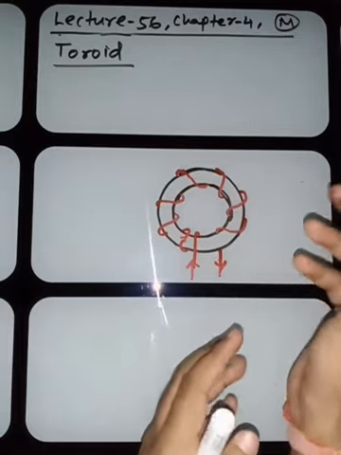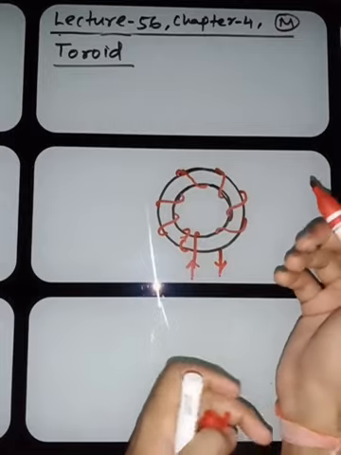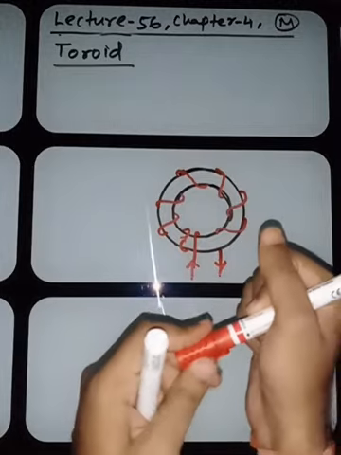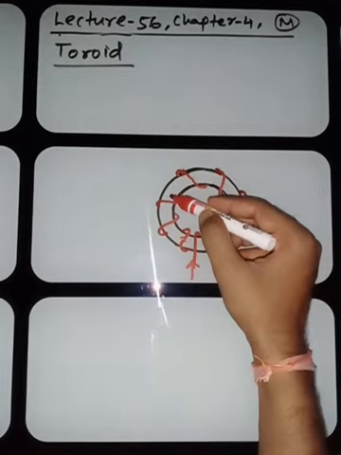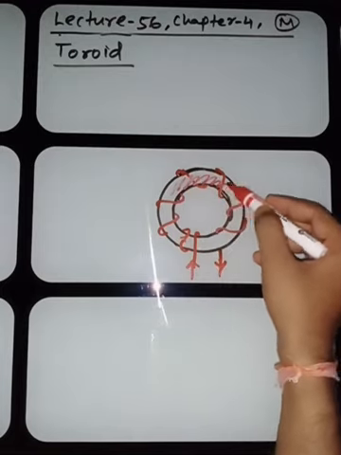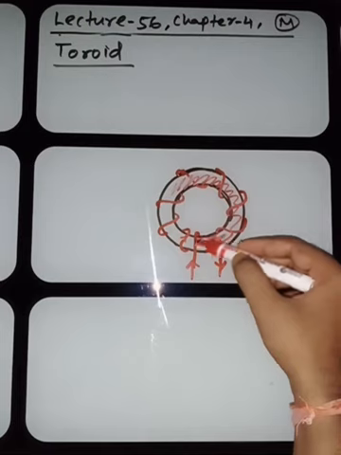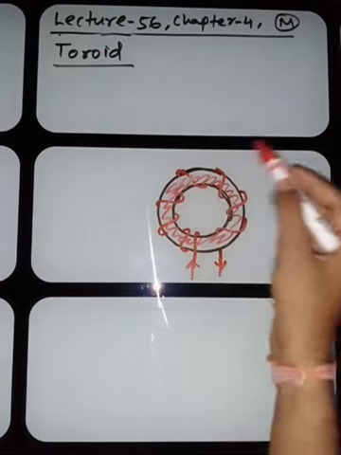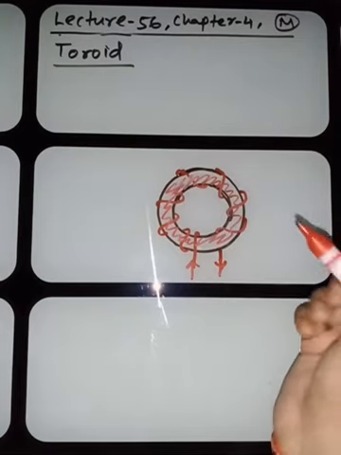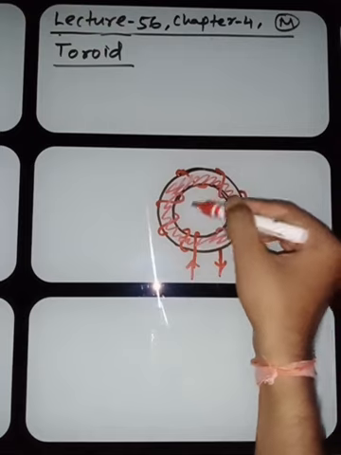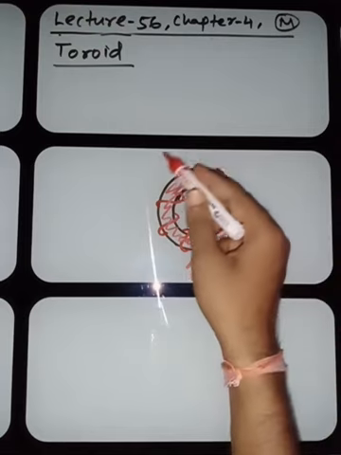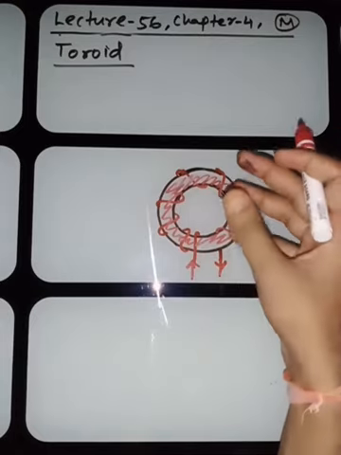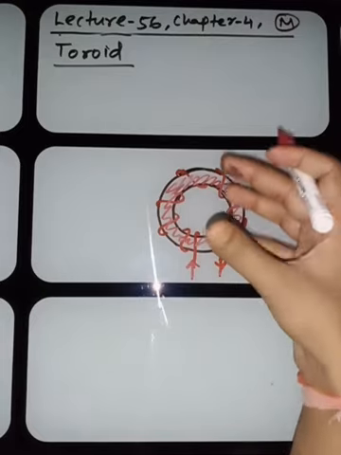All right, so this is considered the toroid, where the magnetic field exists inside the toroid. This is the space where we get the magnetic field for the toroid. There is no magnetic field outside the space of the toroid, and this particular arrangement is considered the toroid.